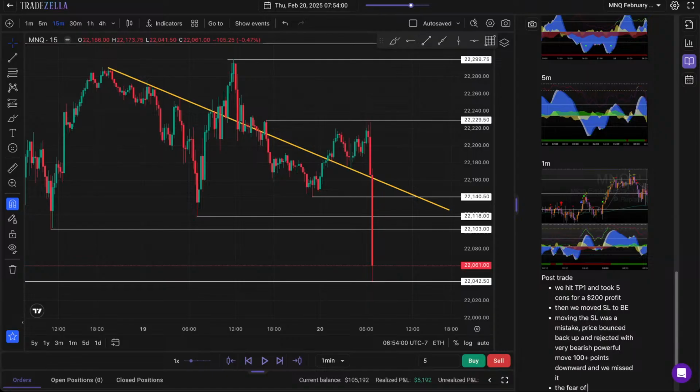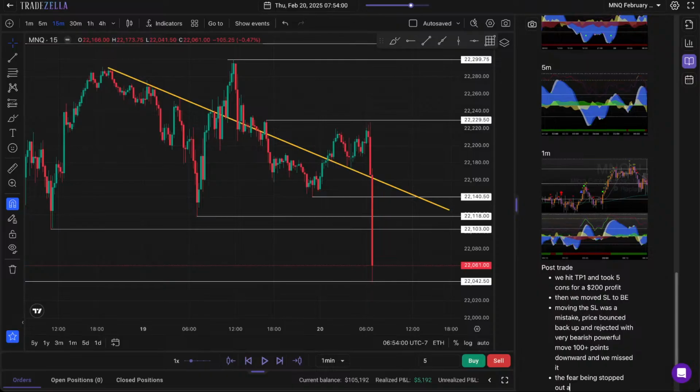The fear of being stopped out after TP1, the fear of losing money.